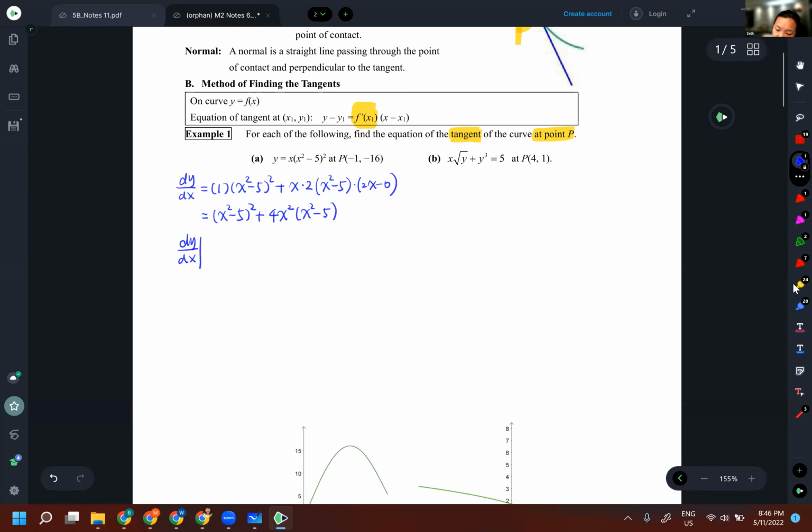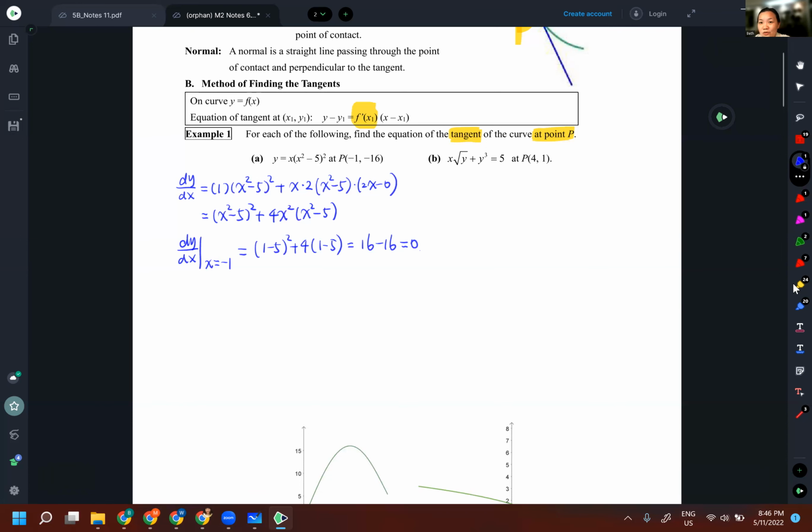I only need the derivative when x equals -1. 1 minus 5 plus 4, 1 minus 5 equals 16 minus 16. Am I crazy? Equals 0. That's fine. Equal 0 is fine.